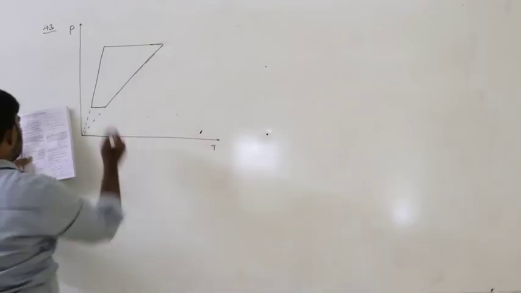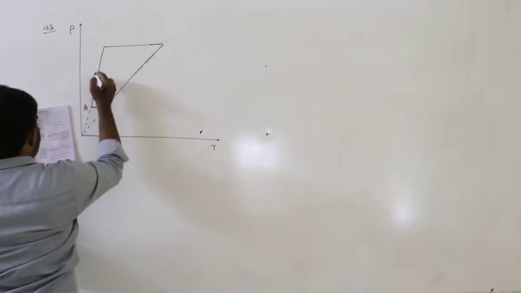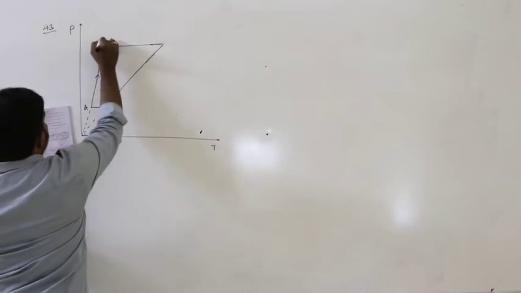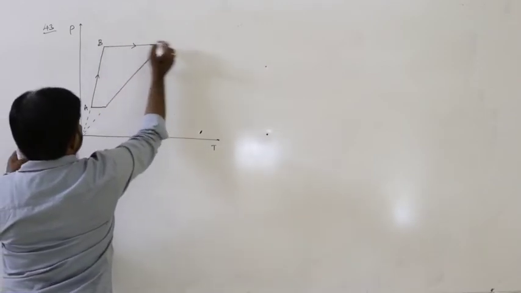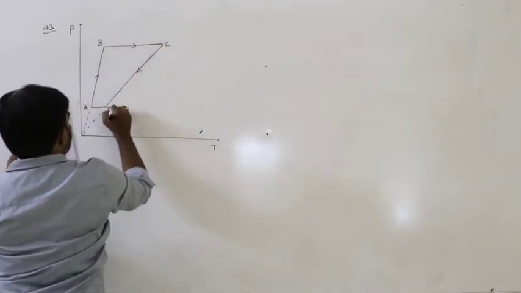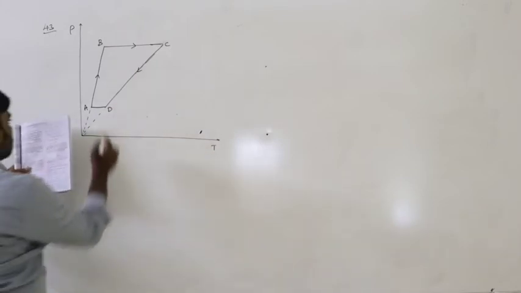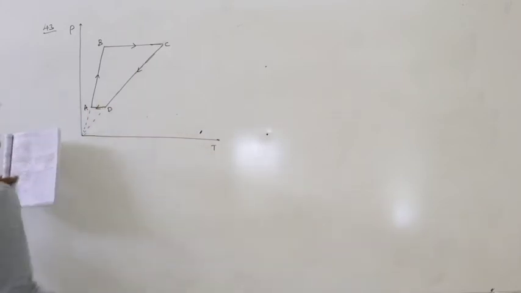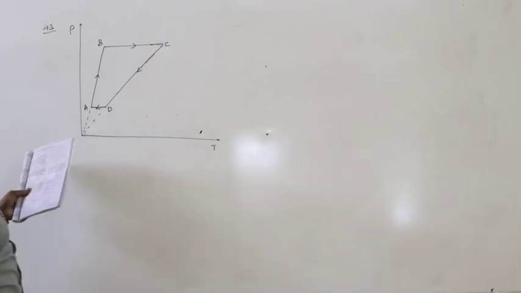This is the shape of the graph. This is A, B, C, D. Here the previous graph was between pressure and volume; now it is the graph between pressure and temperature.